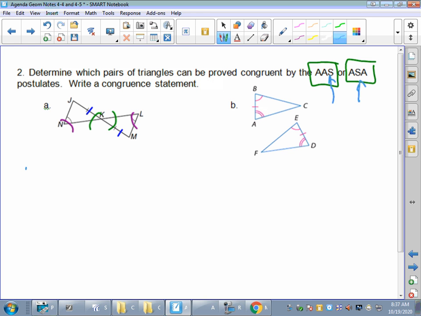So this looks to me like an angle, angle, side. If I call it triangle JNK, how are you going to name the second? No, I'm just randomly picking a way to name that, by the way, so there's nothing technical about it.